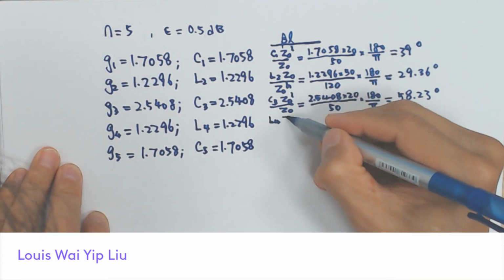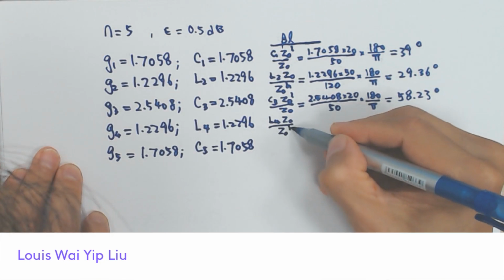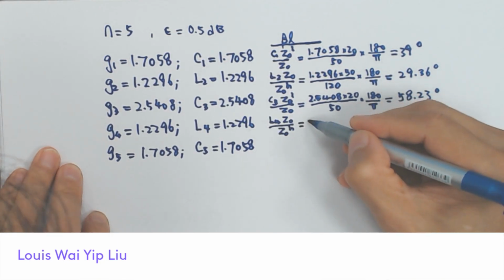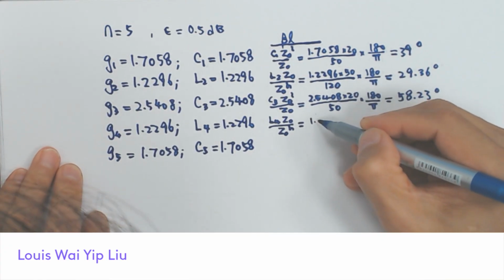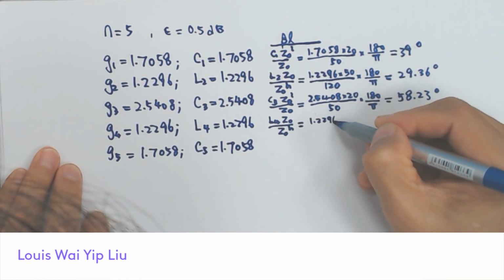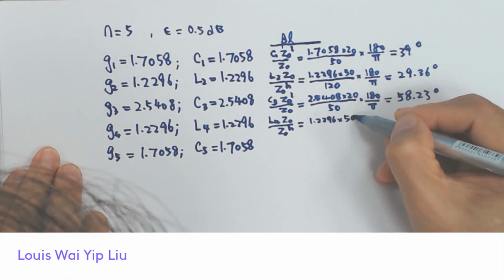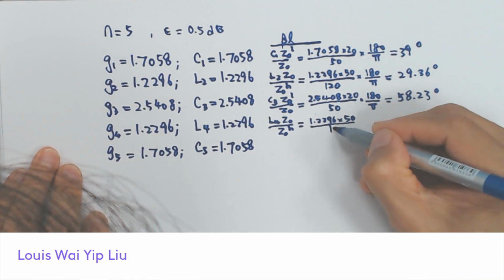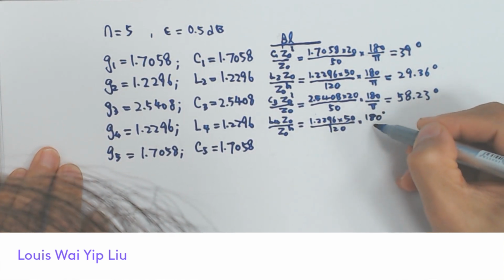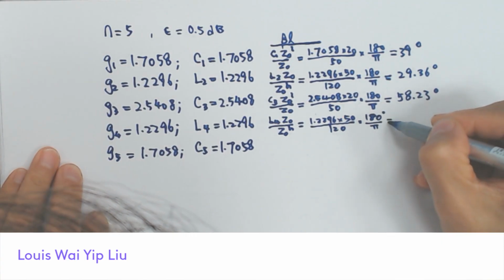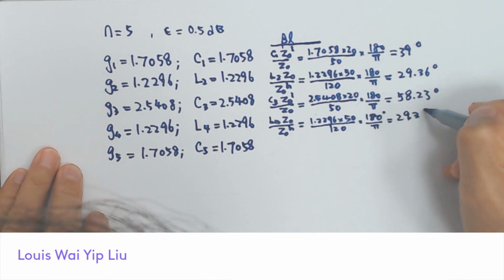The formula will be the same, and this one is going to be the same as well. It's a mirror copy of L2, 29.36.